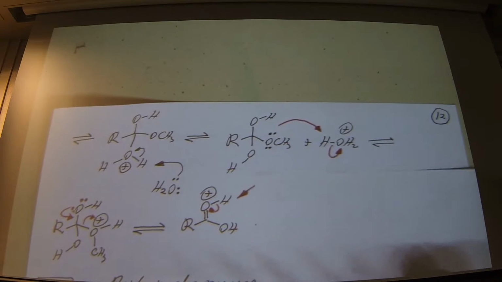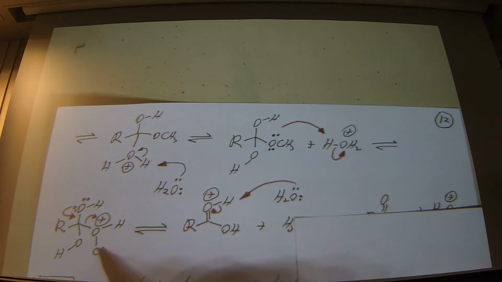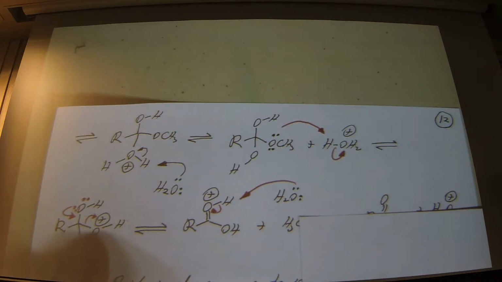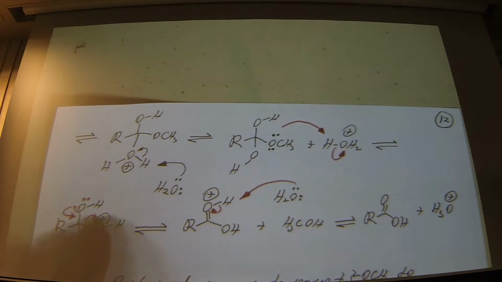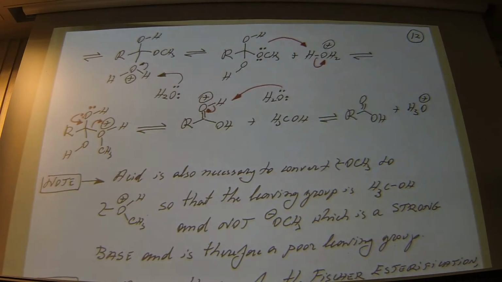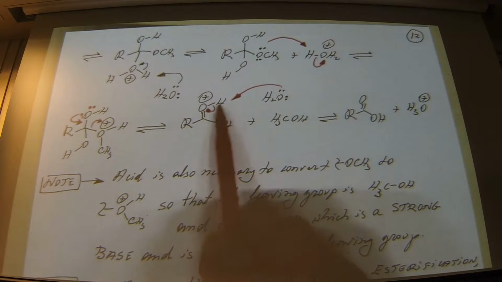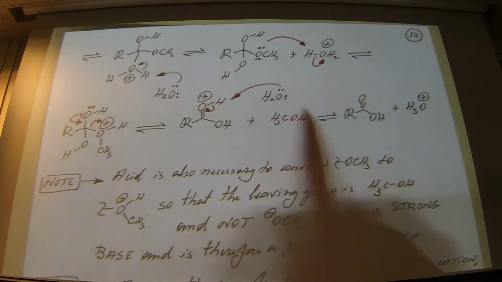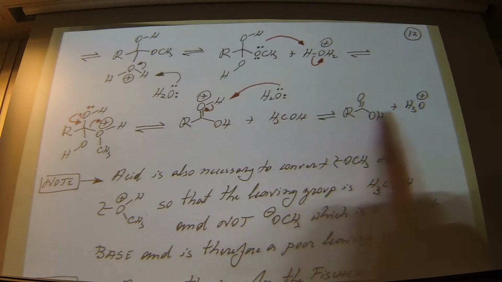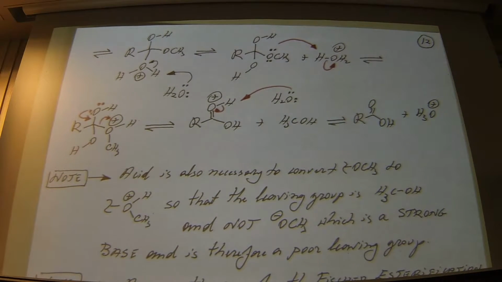When it gets protonated, then I've converted OCH3 to CH3OH plus, and so now I have a really good leaving group there. And so that tetrahedral intermediate can collapse to give me the carboxylic acid, actually the conjugate acid of the carboxylic acid, and then proton transfer gives me carboxylic acid and my catalyst back again.